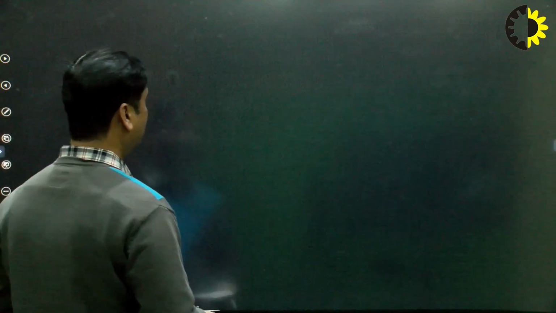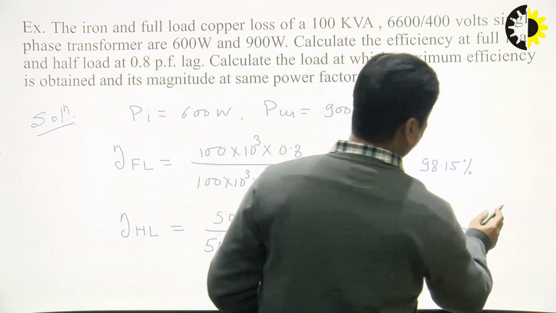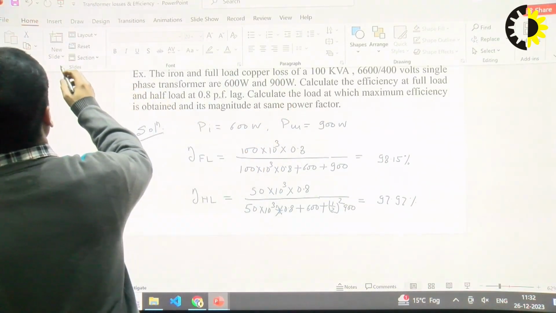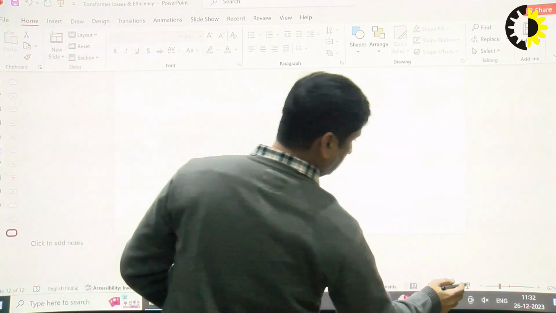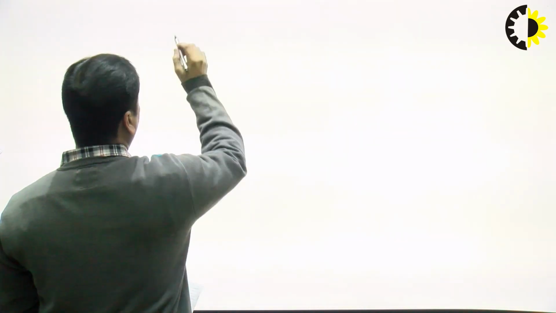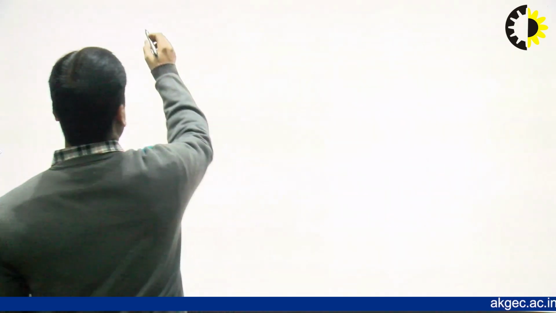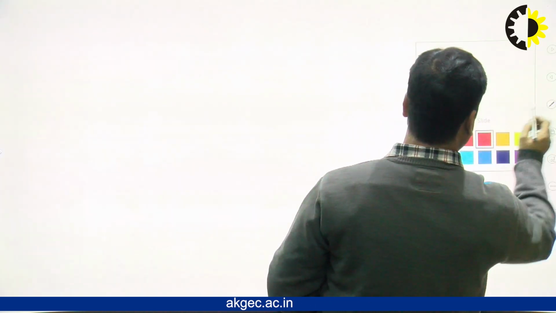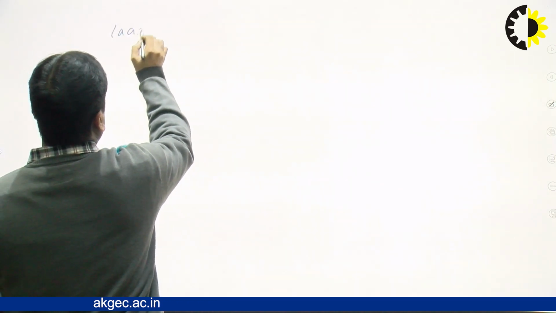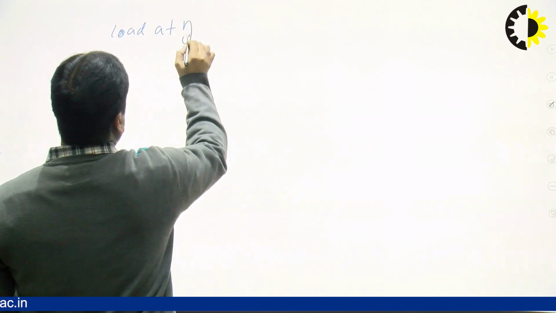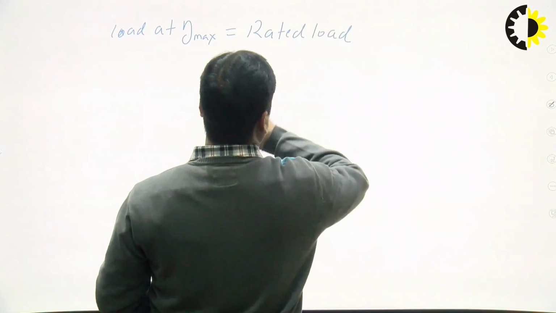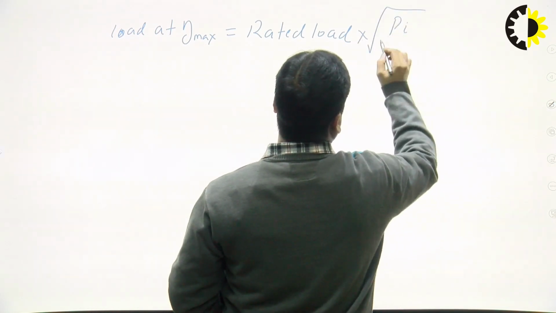So we know that at maximum efficiency, the load is given by rated load into the square root of Pi upon P full load copper.